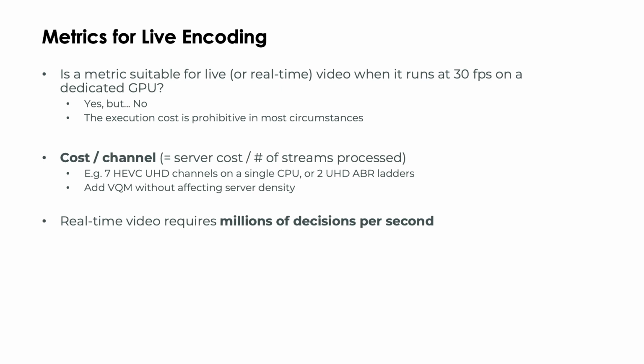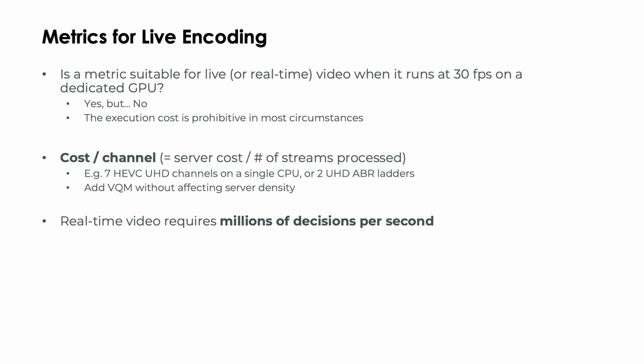And again, if we look at the cost per channel, and I put an example here, if we take a recent CPU where we run, for example, 7 HEVC UHD encodes in real time on a single CPU, or perhaps 2 UHD ABR ladders. So that's something you can do on a single CPU or a single cloud instance. But if you add quality measurement or VMAF measurements to that, you still want to reach the same number of channels.